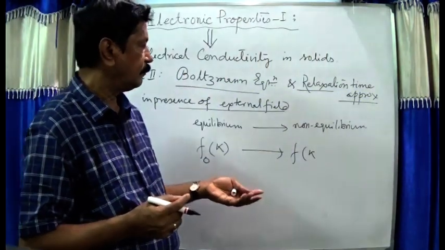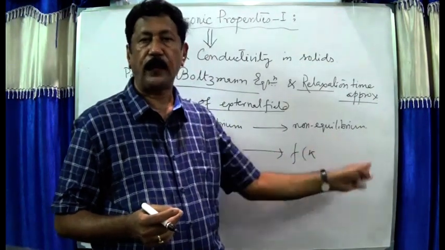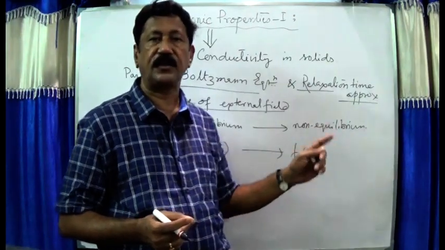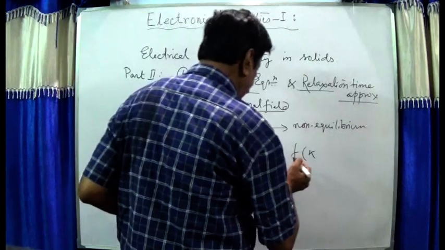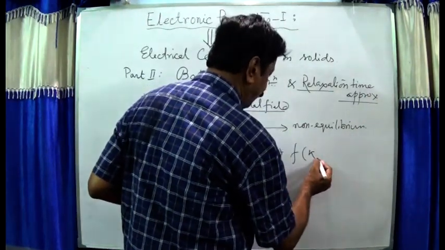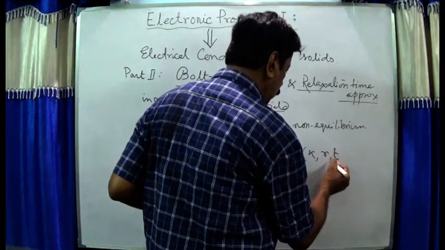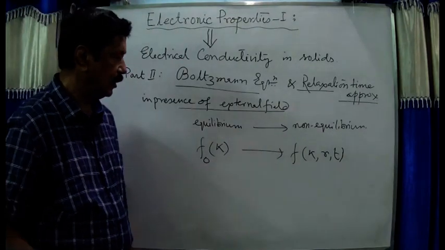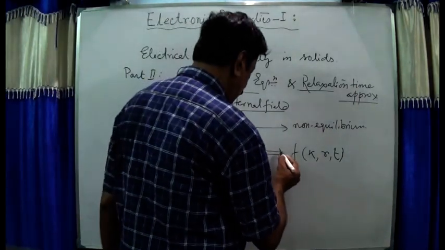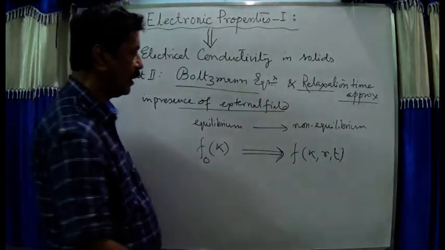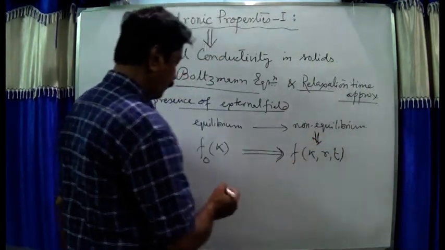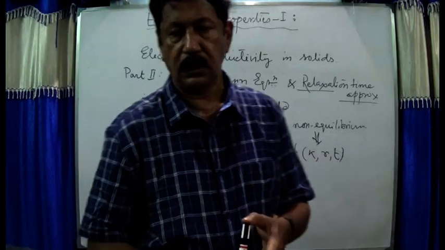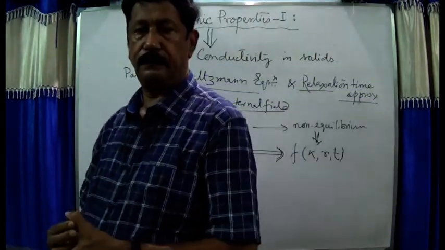With time, the situation will be different. So it is a time varying situation, and F can now have a dependence on r and t. So our objective is to find this non-equilibrium F. This is the equilibrium F0.